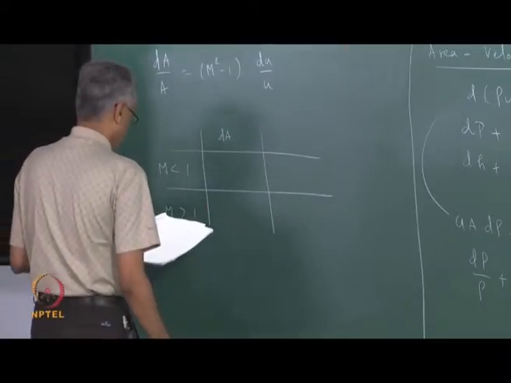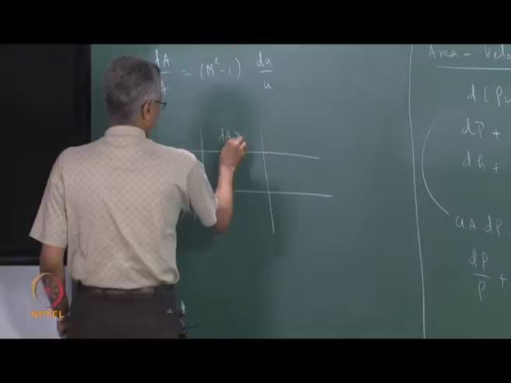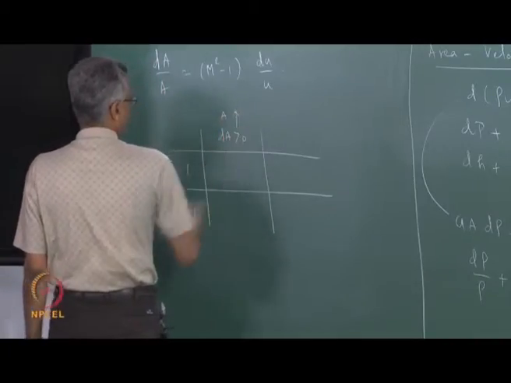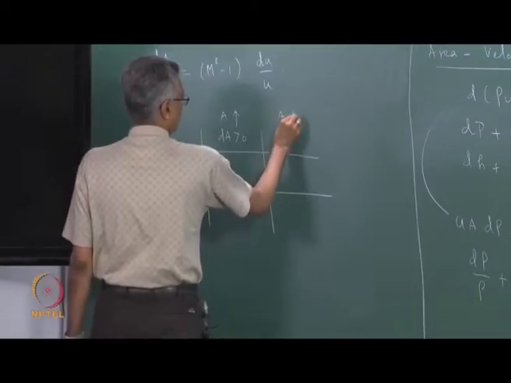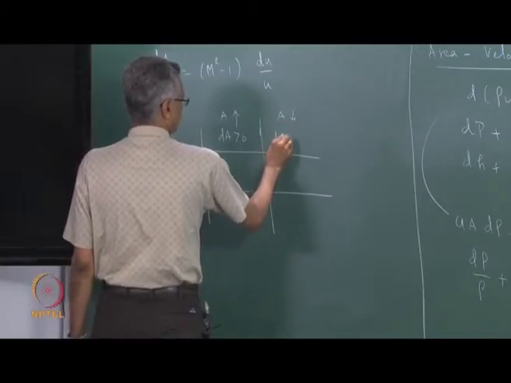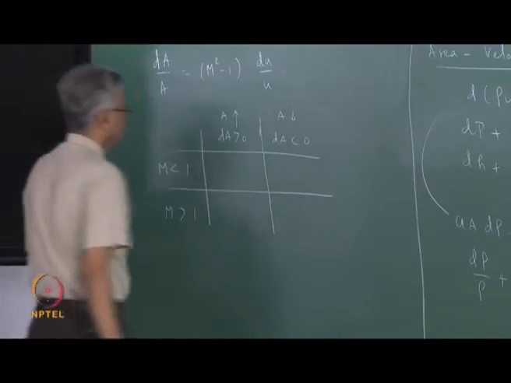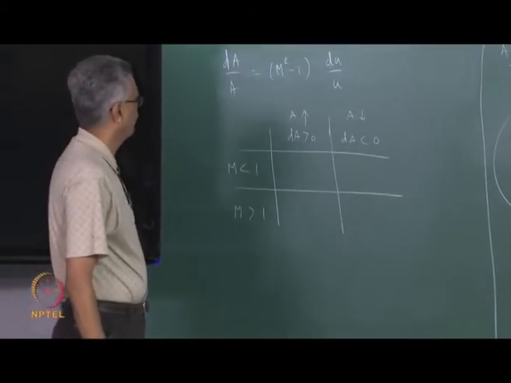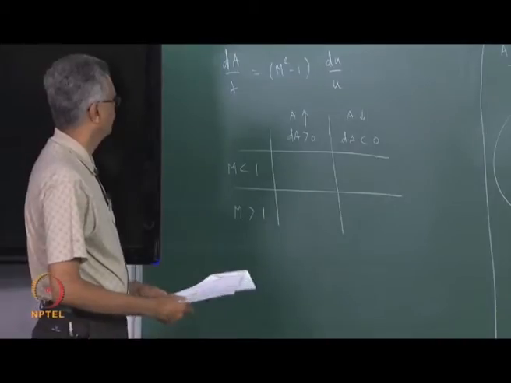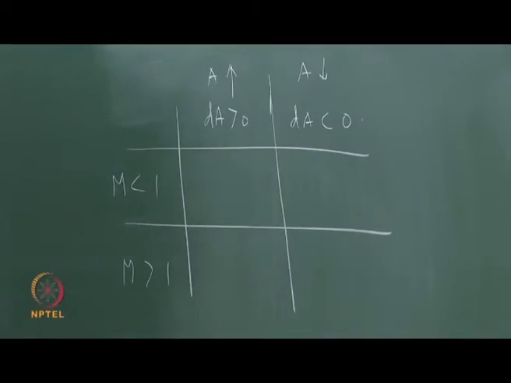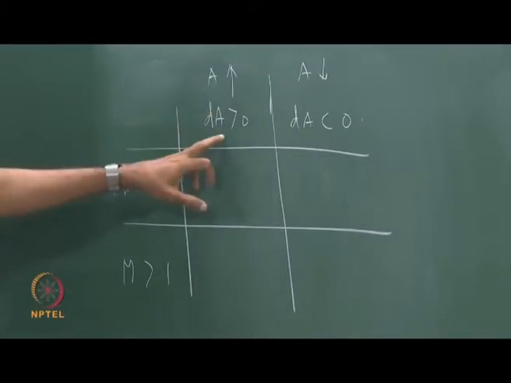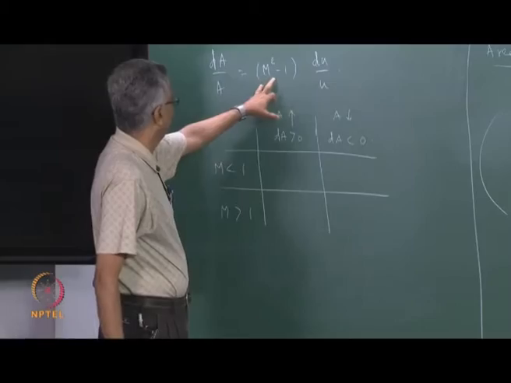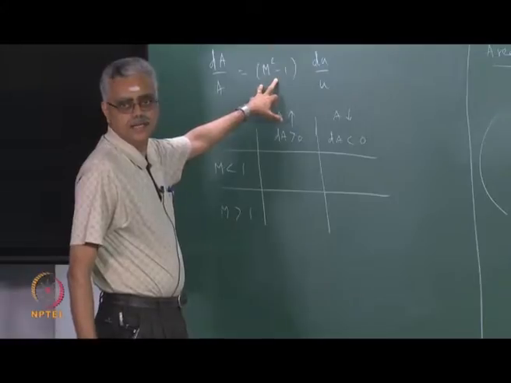dA greater than 0, which means that A increases, and dA less than 0, which means that A decreases. So when the cross sectional area increases, dA greater than 0, for a subsonic flow this term is negative.